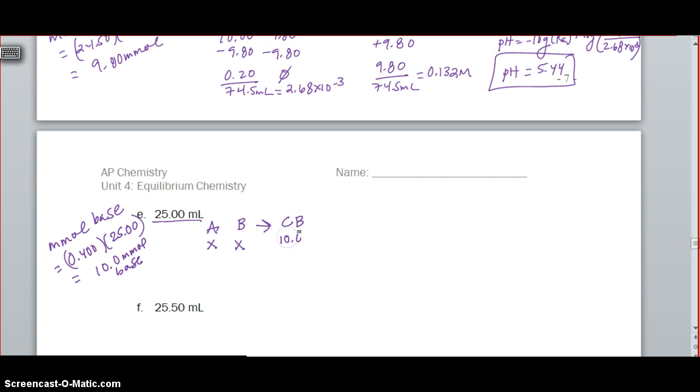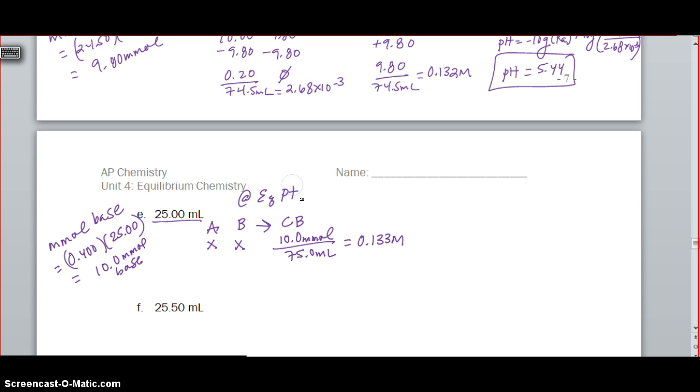Well, we created 10 millimoles of conjugate base, and the total volume is 75 milliliters. So the concentration of the conjugate base is just the millimoles over the milliliters. So that comes out to 0.133 molar.